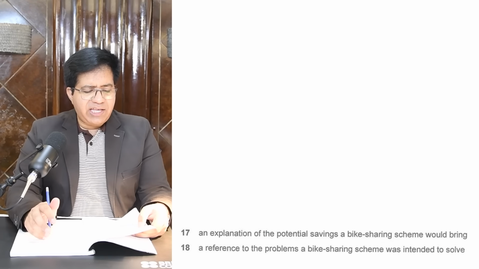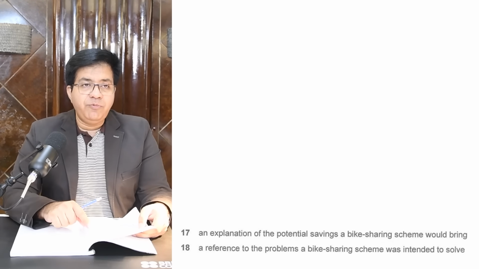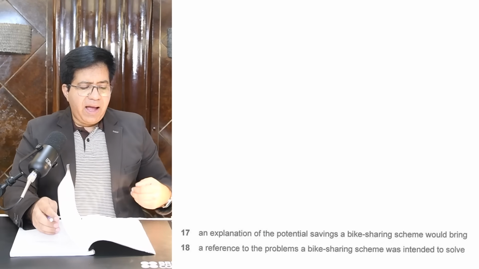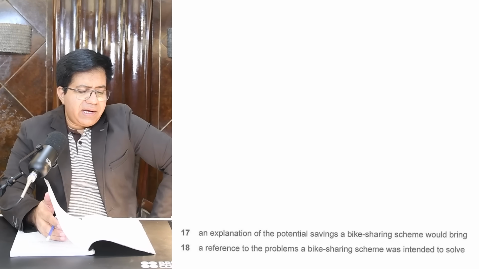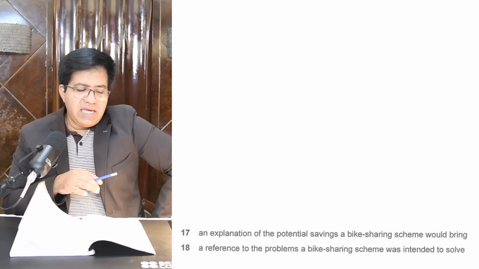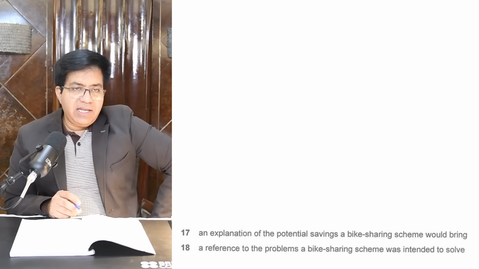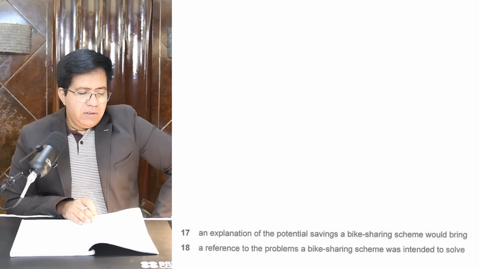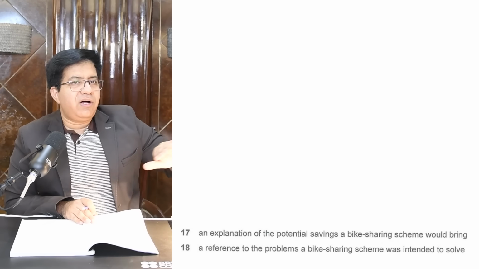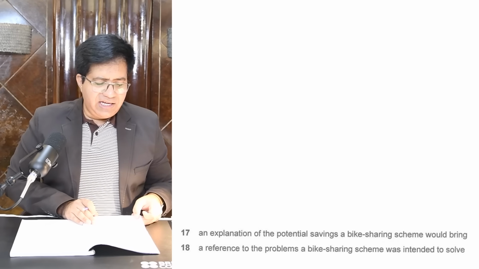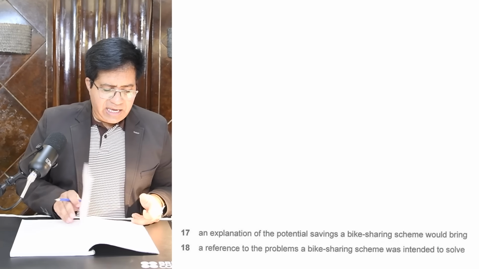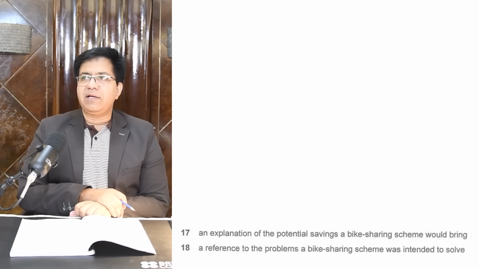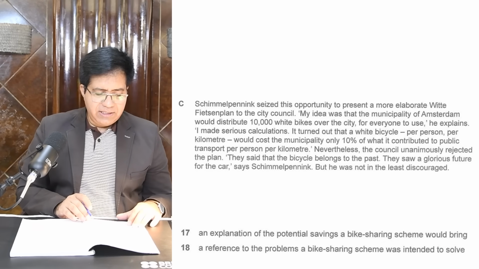Question number 17, explanation of potential savings a bike sharing scheme would bring. Go to paragraph B, C, D. Bike sharing scheme would give the benefit. So, explanation of potential savings, 10% fuel cost, 20% this, 30% that, right? Paragraph C, that's right.